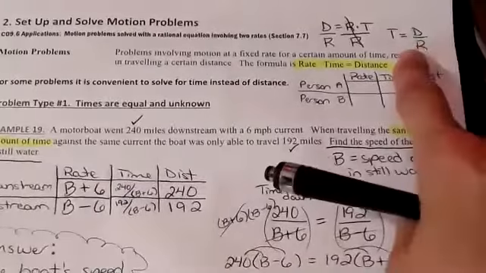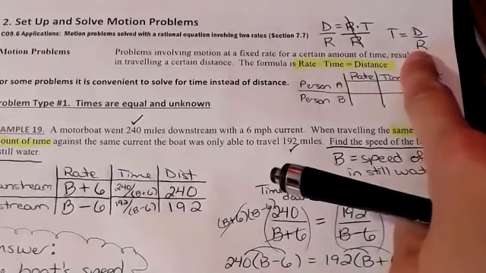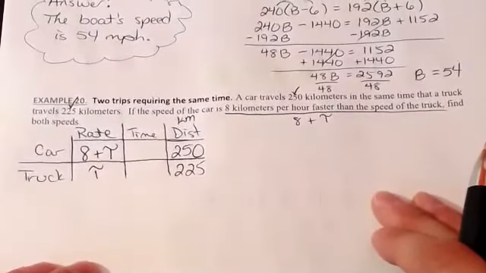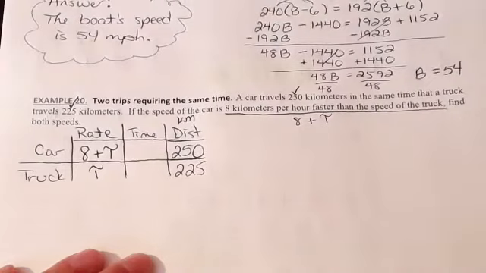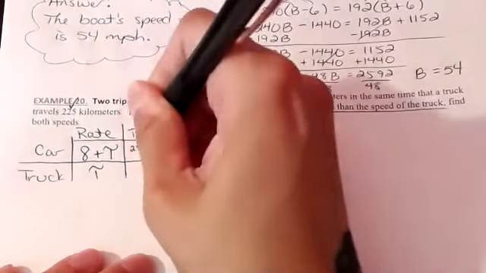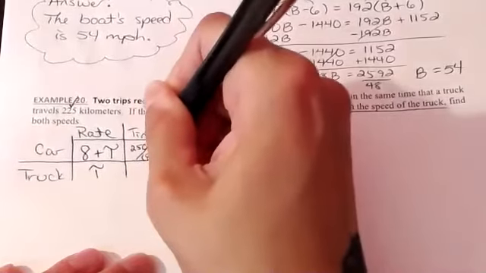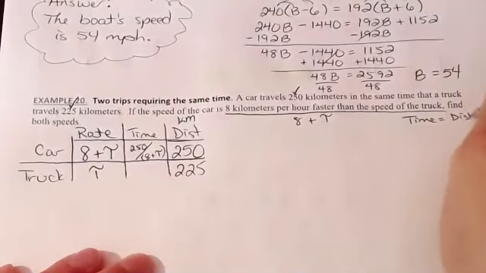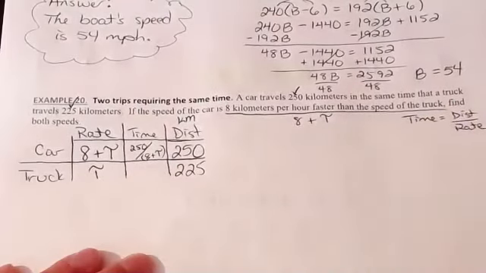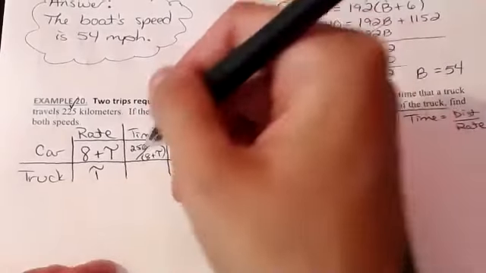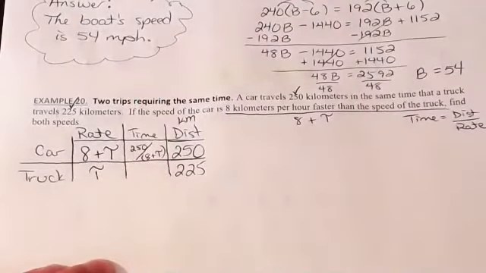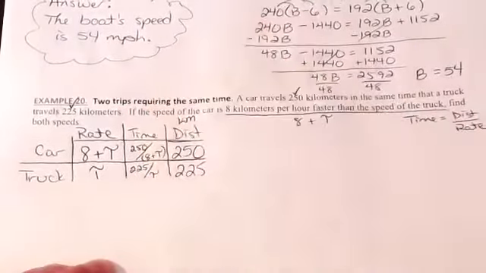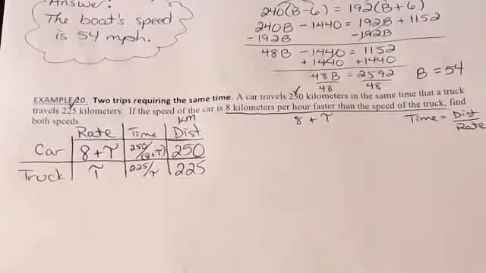What do we know about time? 250 over 8 plus T. Yes, 250 over 8 plus T, because time is equal to distance over rate, something to keep in mind. For the truck, we would write 225 over T. That's okay. And then we're going to pause right there.